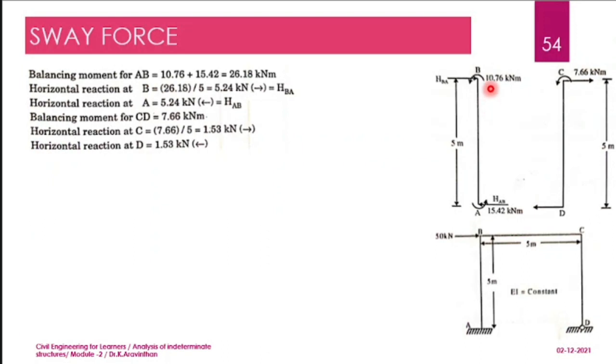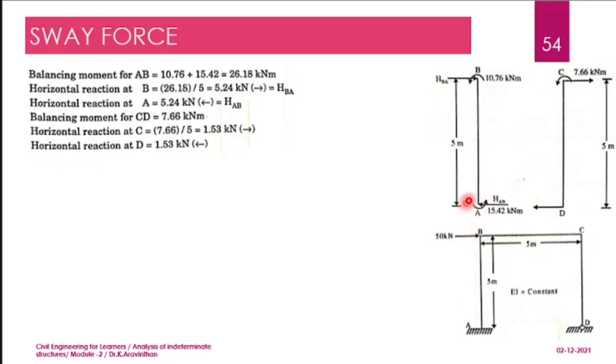So it is written here, and both are anti-clockwise, that is minus. So it is written in terms of the arrow of anti-clockwise. So you have written the moment here.